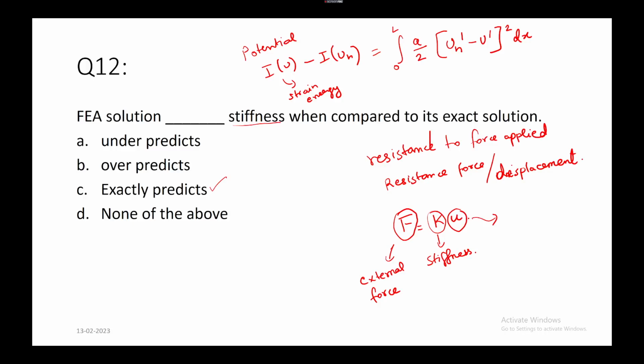So this term is always going to be greater than or equal to 0, since it is a square term and you are integrating. So since this is always greater than 0, which means that I of u, sorry, this will be I of u_h, I think. Sorry, this is I of u_h minus I of u.